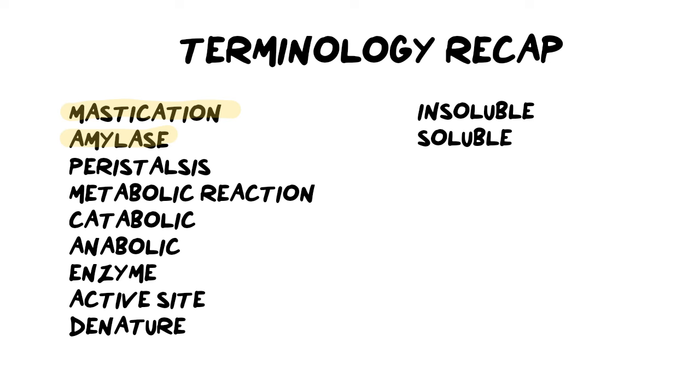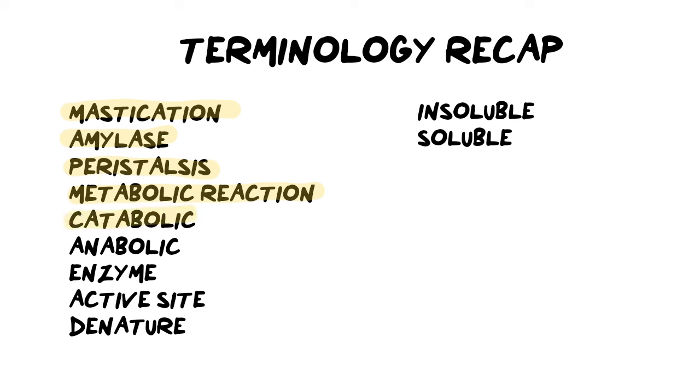We spoke about the enzyme amylase, which is the enzyme found in our salivary glands. It's where chemical digestion begins for carbohydrates in the mouth. We spoke about peristalsis, which is the contractual waves of the esophagus as it pushes food down. And we spoke about metabolic reactions being the way in which enzymes do their job.